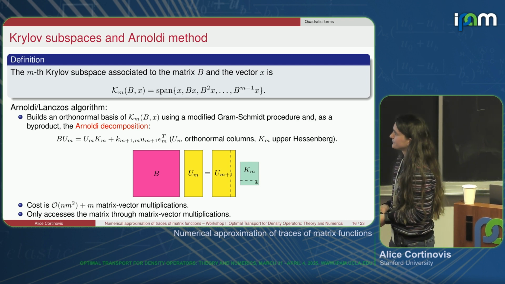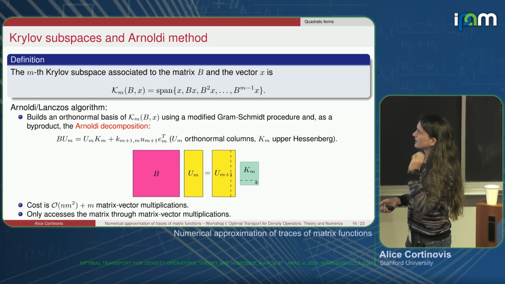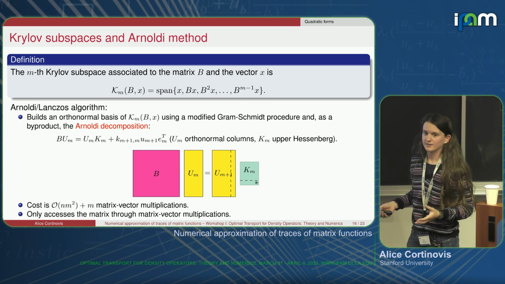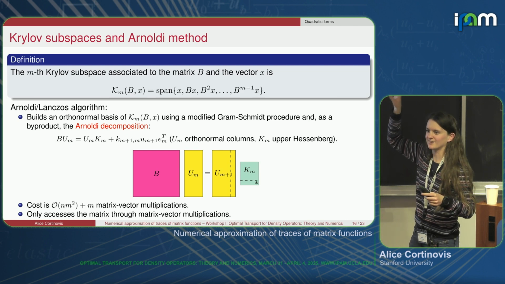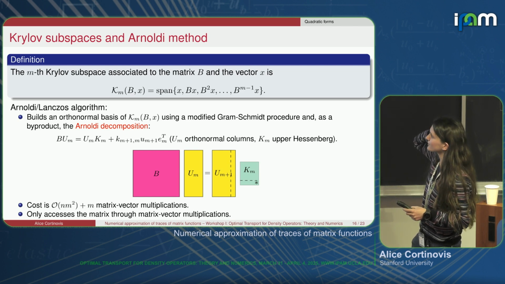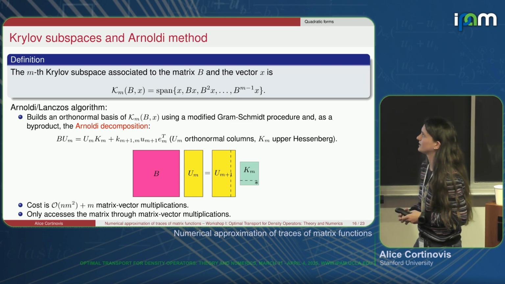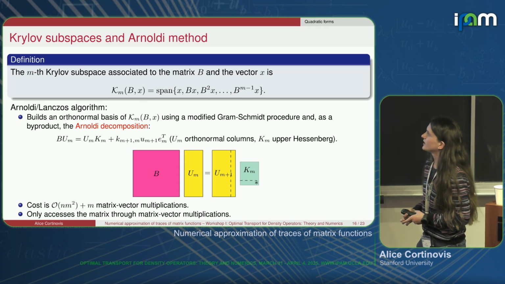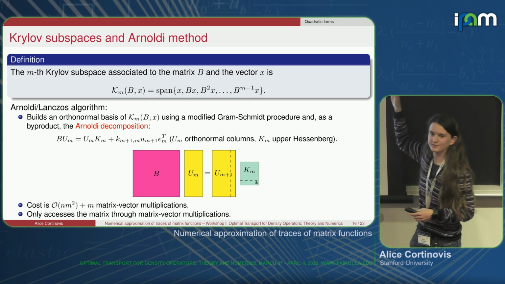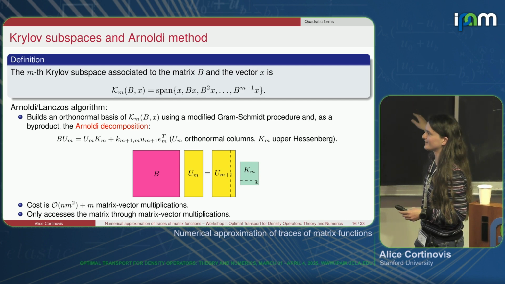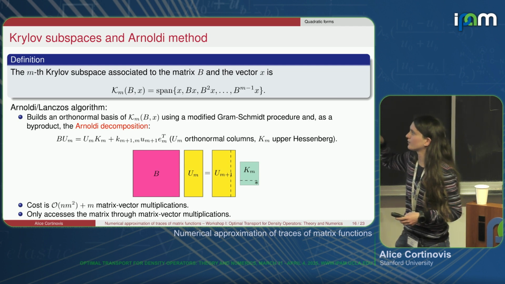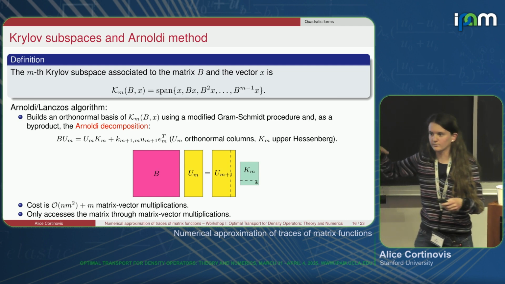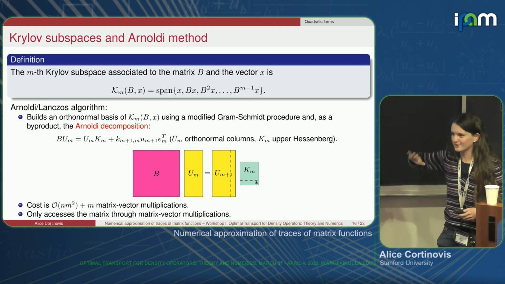So the goal is to compute f of B times x. The Krylov subspace associated to the matrix B and the vector x is the span of x, Bx, B squared x, and so on, until B to the m minus 1 x. And here you have to think of m being much smaller than the size of the matrix. Otherwise, it doesn't make sense.